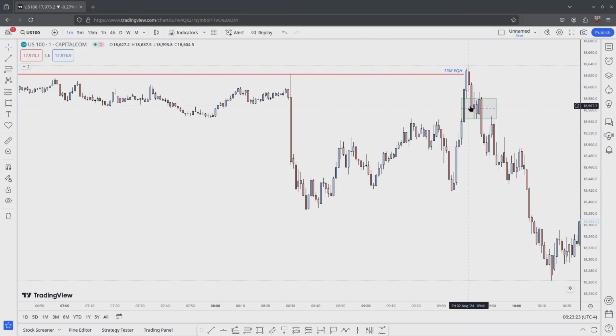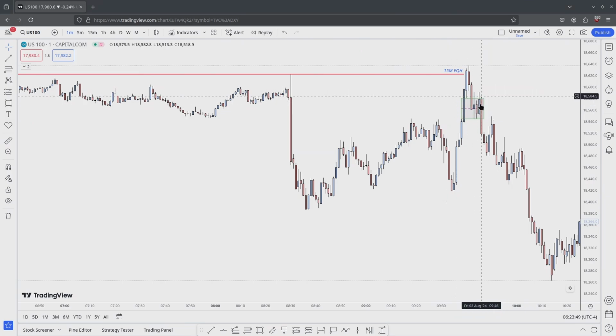Price in this case sat inside of it there, not something that I would be looking to take a trade off of. I like to see price trade through this and then tap back into it like this and then rally off. That would not be applicable to us as price did not trade into the consequent encroachment here. But we use this as a base.